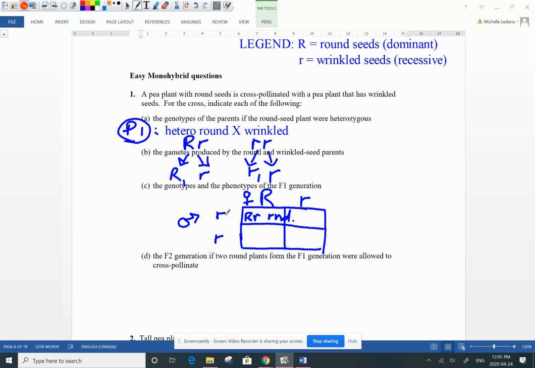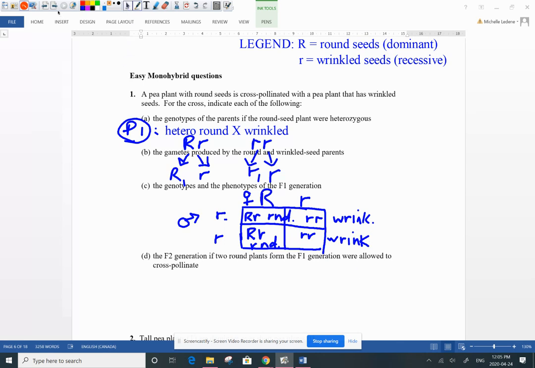What about this one? It gets a little r from dad and a little r from mom. He's little r, little r, so he's not going to be round. He's going to be a wrinkled offspring. How about this one? Big R from mom, little r from dad. He is a round offspring. Last one here, little r, little r, another wrinkled recessive offspring. So there is our F1 generation.